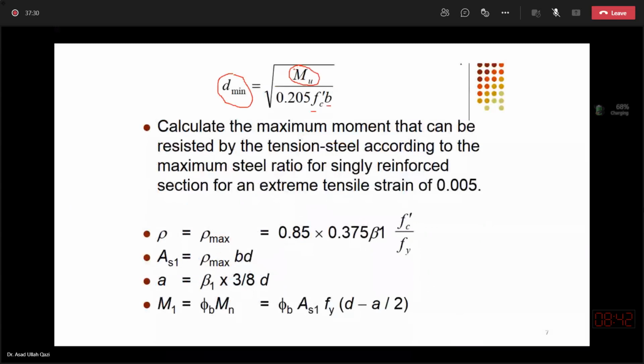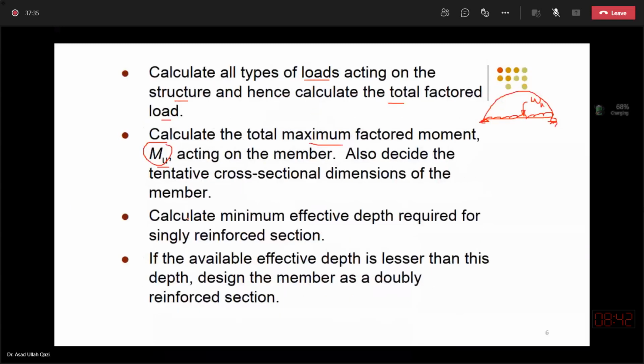If you calculate the minimum effective depth required for a singly reinforced section, which I have shown you on slide number 7, and the available effective depth is lesser than the minimum, it means architectural restrictions are that you have to finish your beam in 300 millimeters, suppose total depth, and subtracting a cover of, sorry, 65 millimeters from it.